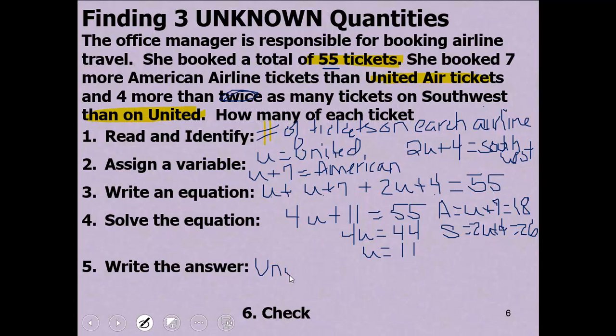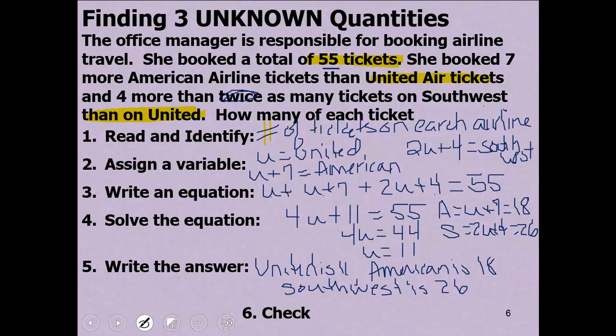United tickets is 11, American is 18, and Southwest is 26. And if I add all of those together, 11 plus 26 plus 18, what do I get?